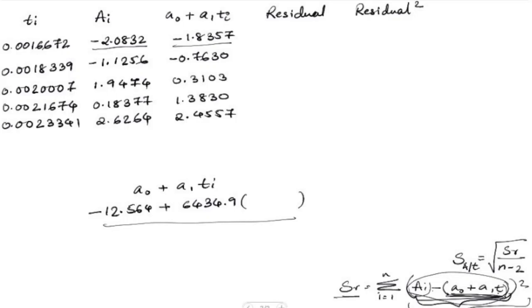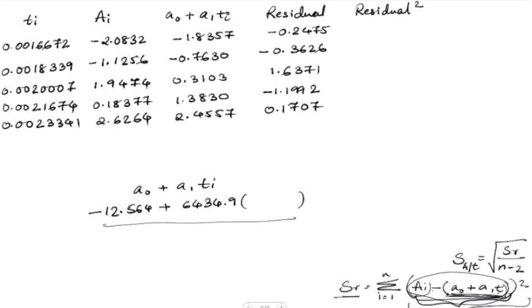So that will give us minus 0.2475, minus 0.3626, then we have 1.6371, minus 1.1992, and here we have 0.1707.